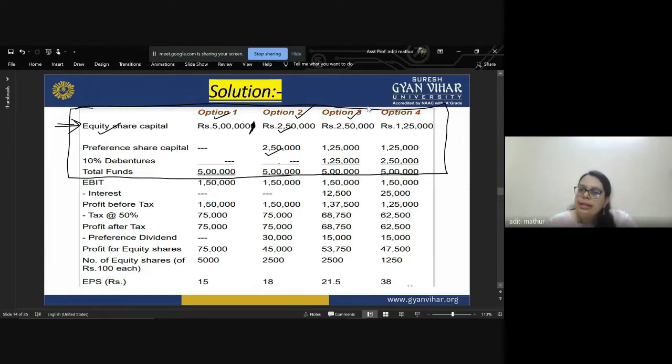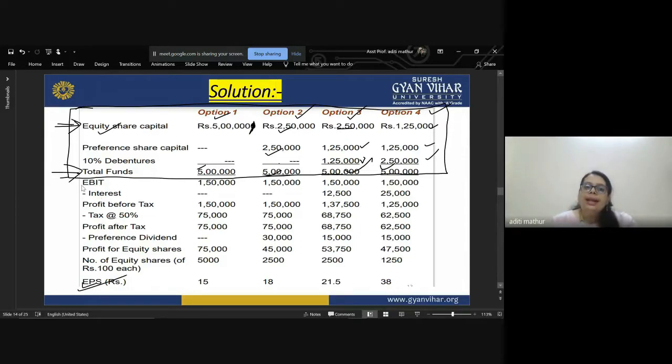In option number 3, the company is issuing 50% from the equity, 25% from the preference, and 25% from the debentures. And in the 4th option, they are having a ratio of 25:25:50. These are the 4 options available to them through which they can come up to the total funds or the total capital of 5 lakh rupees.